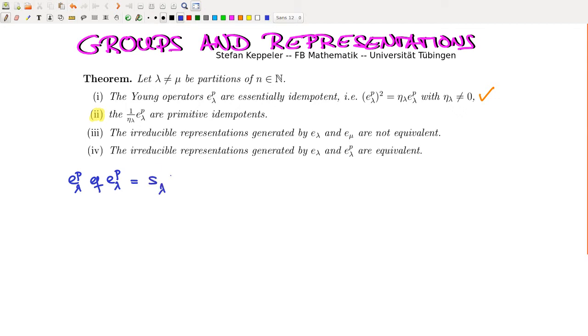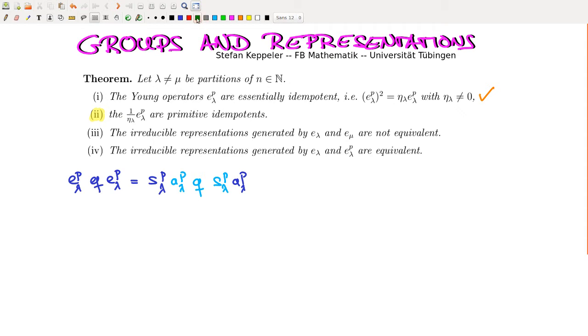So what's that? That's S_λP A_λP, row symmetrizer, column antisymmetrizer, Q, S_λP A_λP. What we already saw, this here in the middle is just a linear combination of group elements.